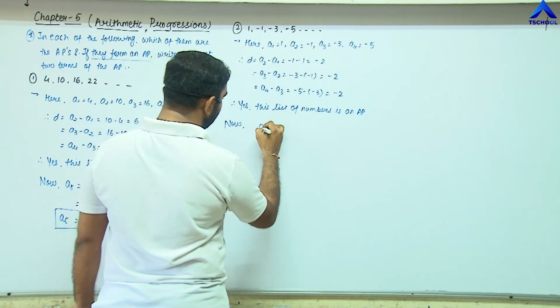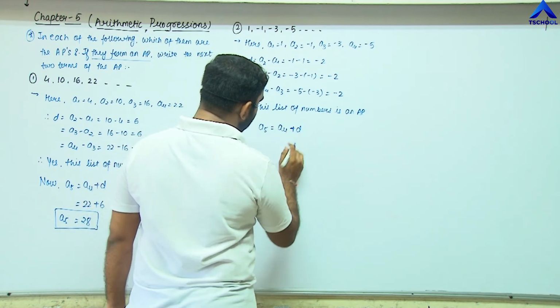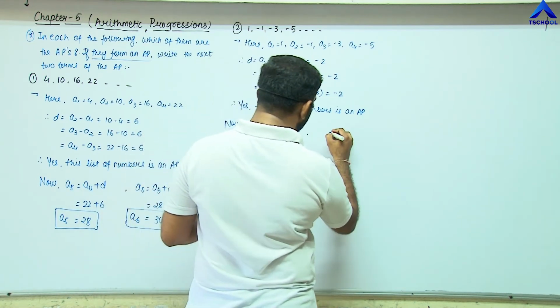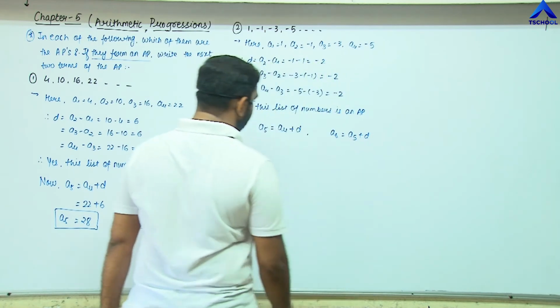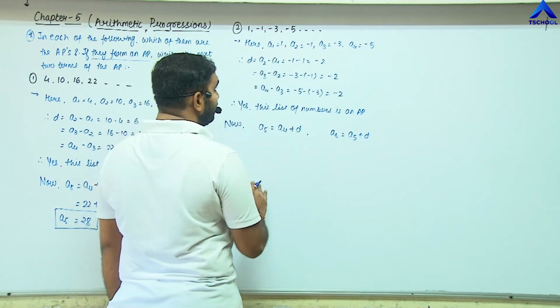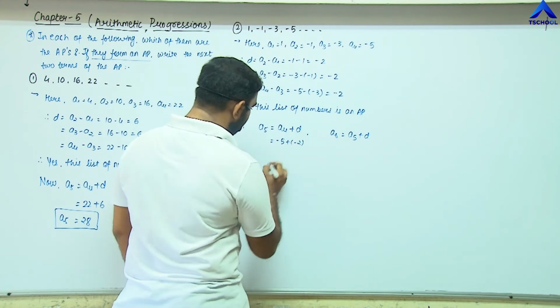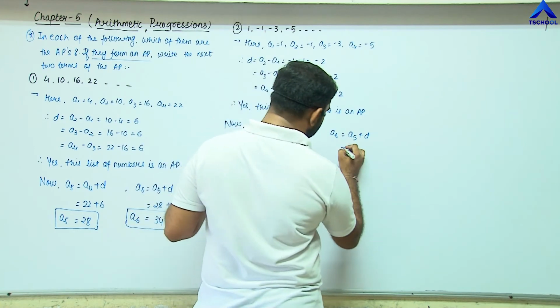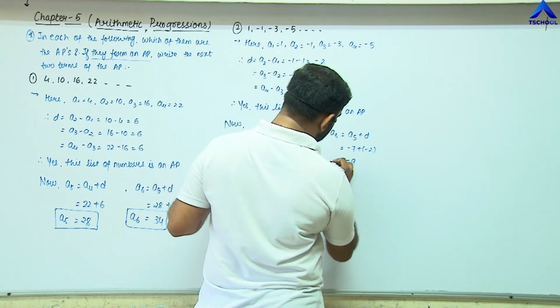Now we need the next two terms, that is a5, which equals a4 plus d. We shall go according to the formula only, and a6 equals a5 plus d. So a4 plus d equals minus 5 plus minus 2, which is minus 7. Here also minus 7 plus minus 2 is minus 9.